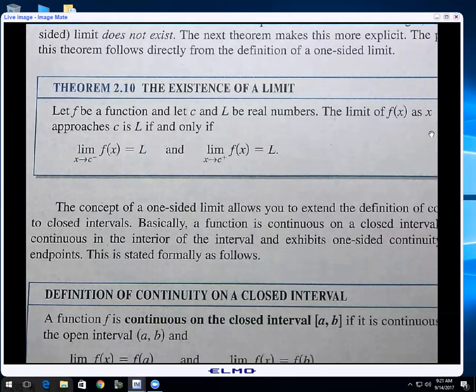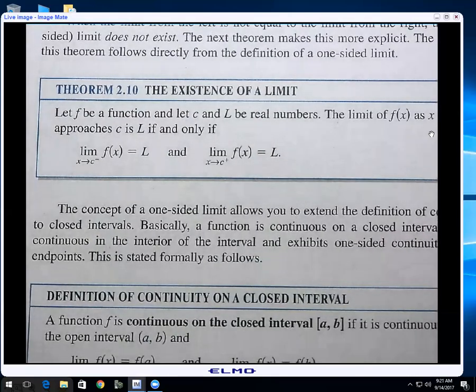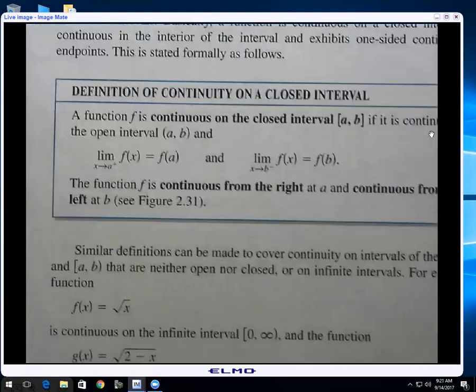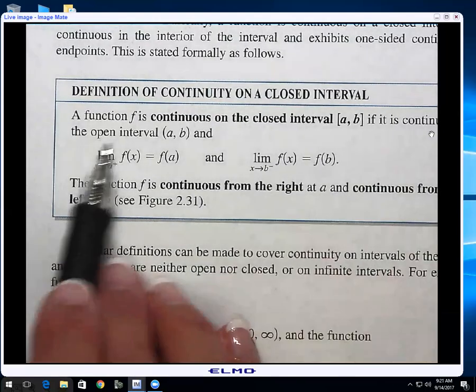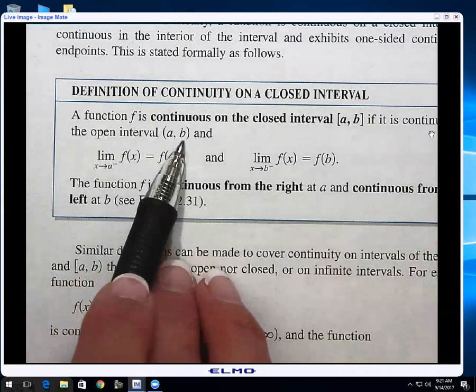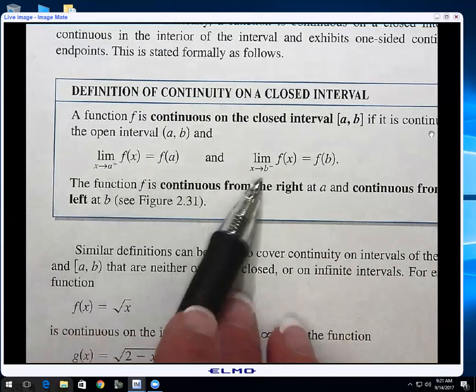All right, definition of continuity on a closed interval. If we're including the endpoints, all this definition says is a function's continuous on a closed interval from A to B, using brackets, if it's continuous on the open interval from A to B, and then these two extra conditions are met.